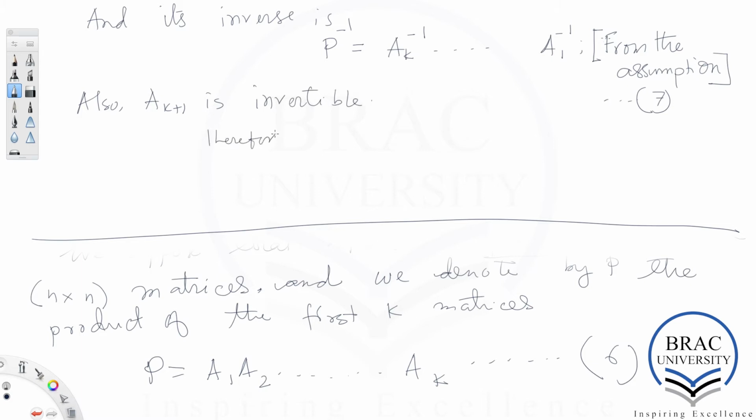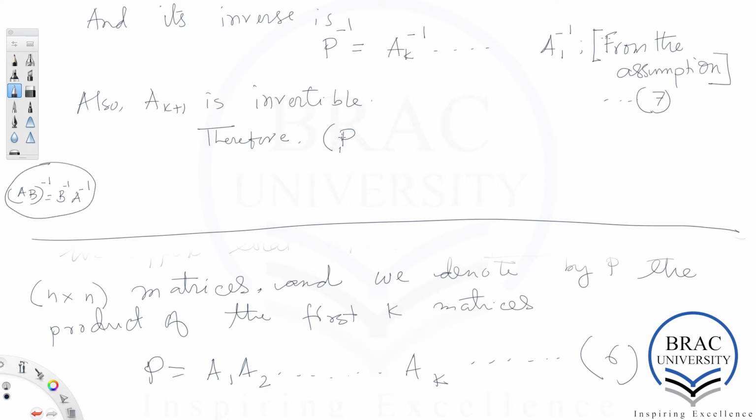Therefore, using the result that we have proved in the beginning, that the inverse of AB is B inverse times A inverse, right?